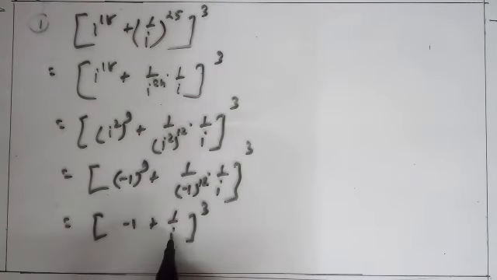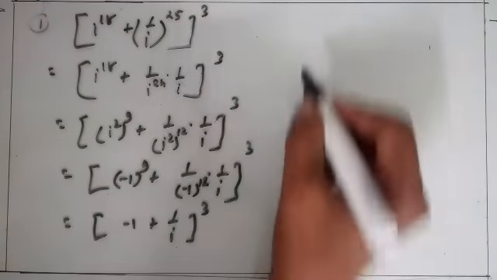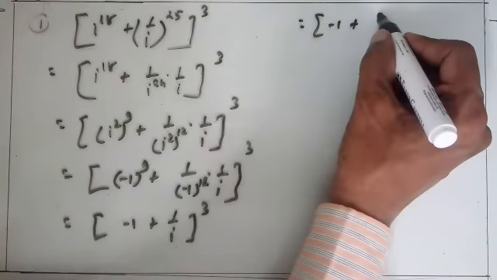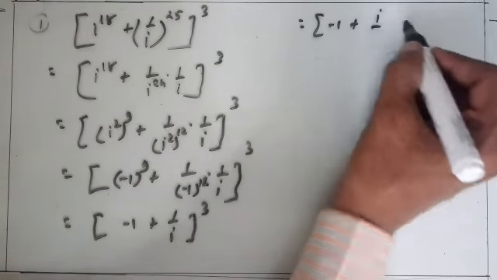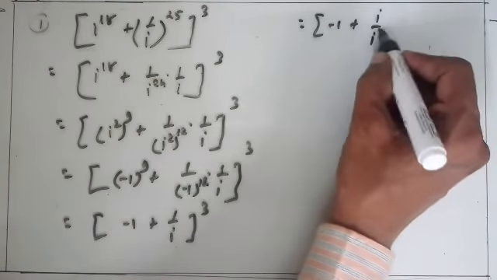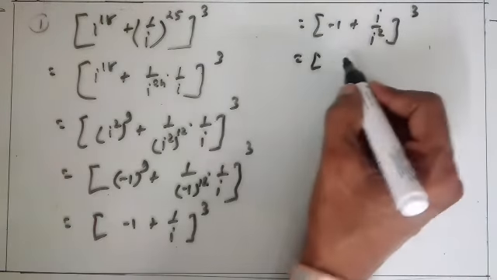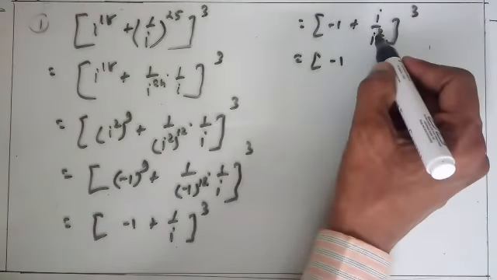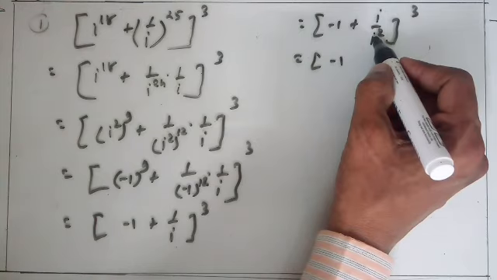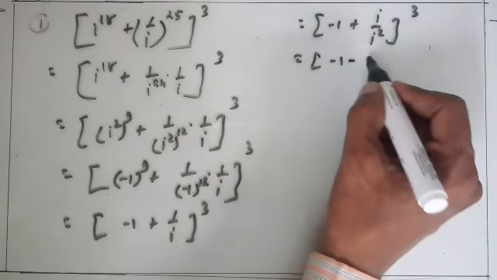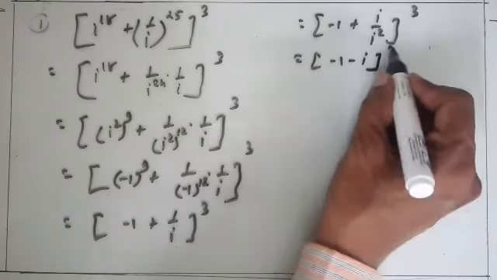Now multiplying by i to both numerator and denominator, here we get minus 1 plus i into 1, that is i, upon i into i, which becomes i square, the whole raised to 3. So it is equal to minus 1 minus, here i square equal to minus 1, so minus i, the whole raised to 3.